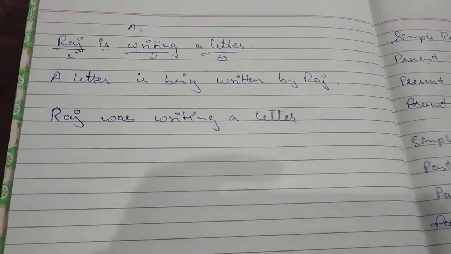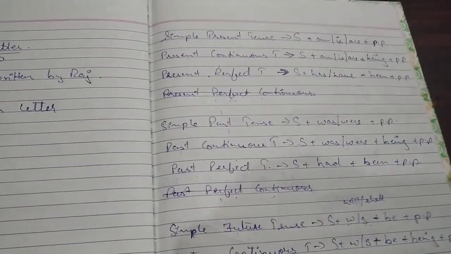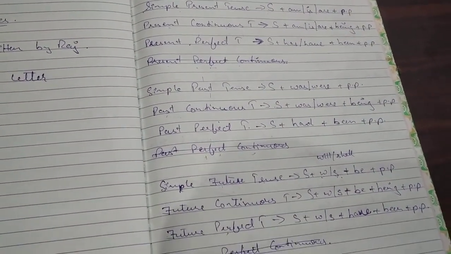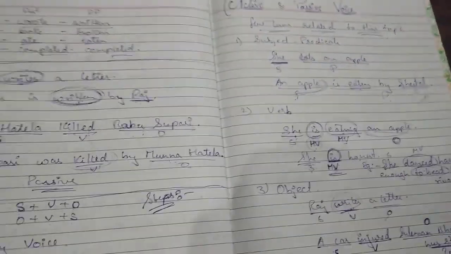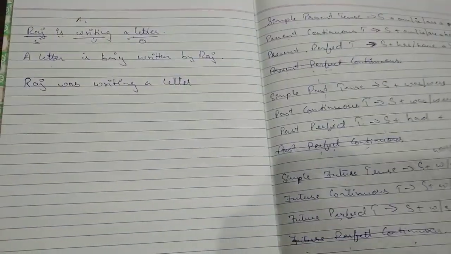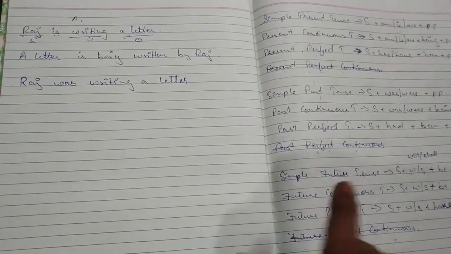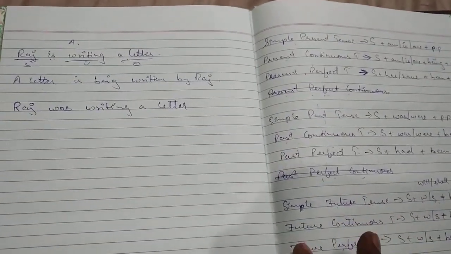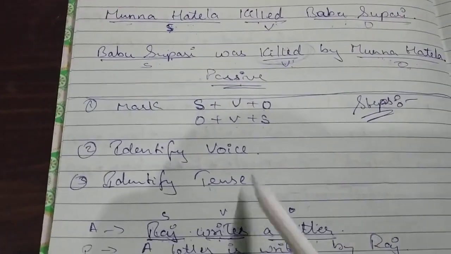Clear? So I think I have to stop my video over here. It has already reached approximately 45 minutes. This much lengthy video, I think, is sufficient for now. I've just given you the basics of how you have to convert active into passive. Please follow these steps.